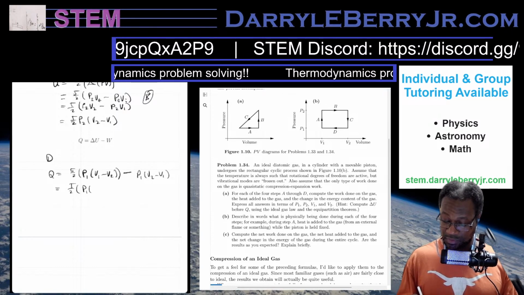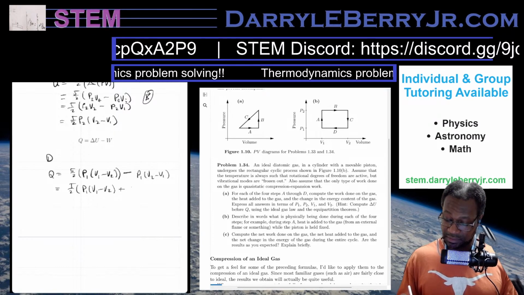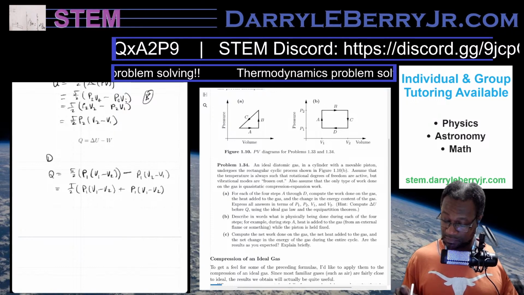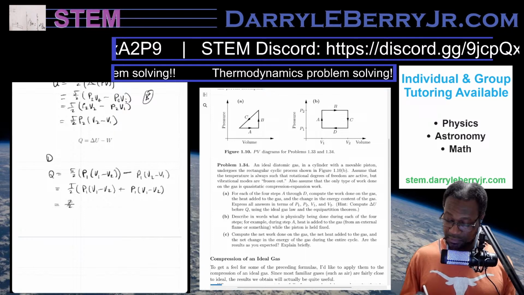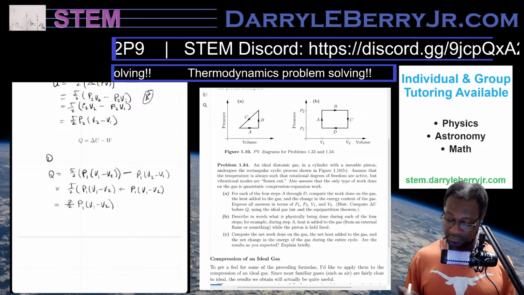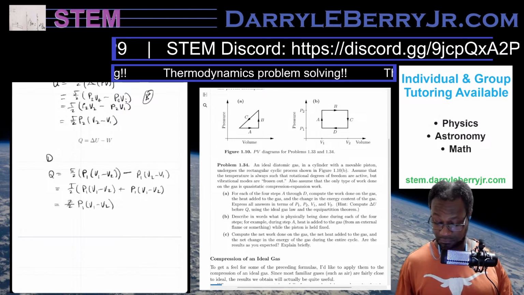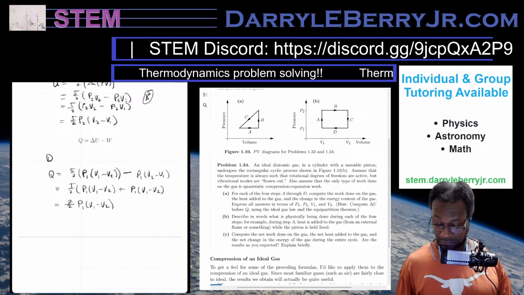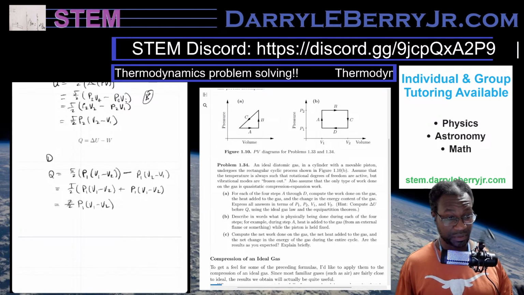P1 (V1 minus V2) plus P1 (V1 minus V2). So that equals 7/2 P1 (V1 minus V2). Seems like my negatives may be off.